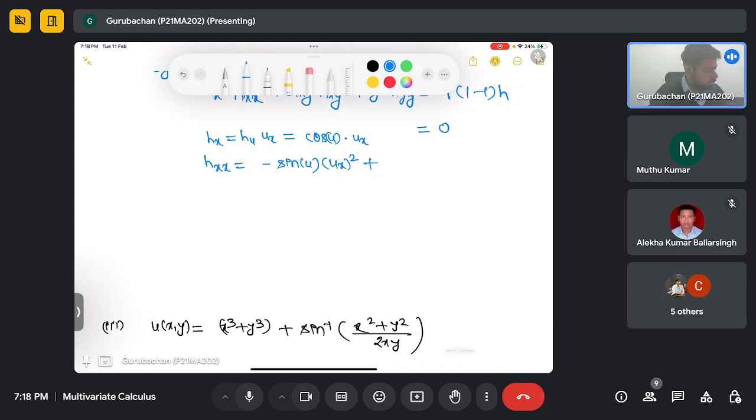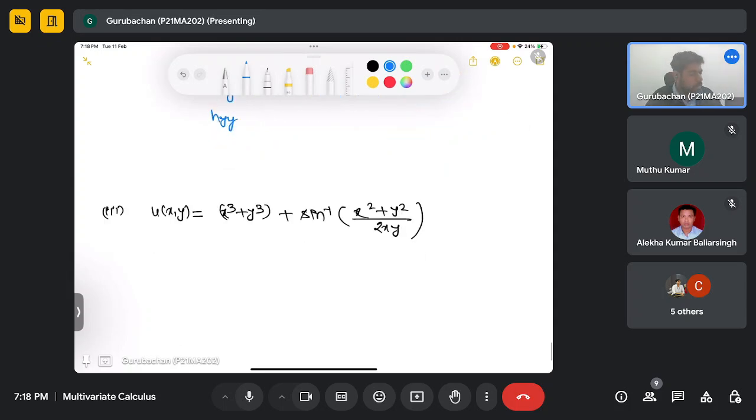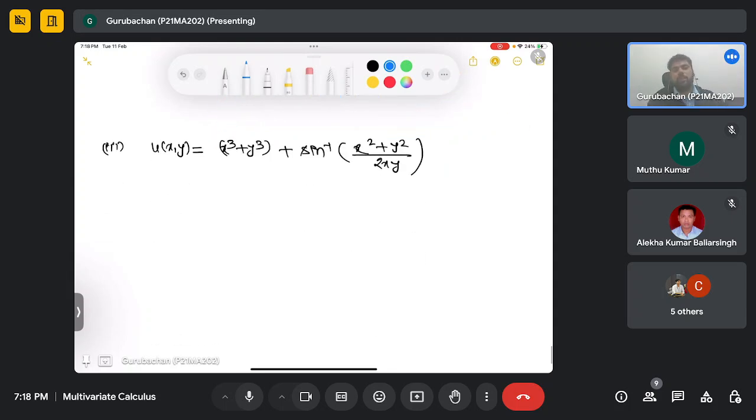We can directly differentiate cos u into u_xx. So in this way, you can find h_xy and h_yy, and substitute in terms of u_xx or u_yy, and you will get the value from Euler's theorem, or you can say equation number star. Okay, so anyone, what is the answer for this third part?